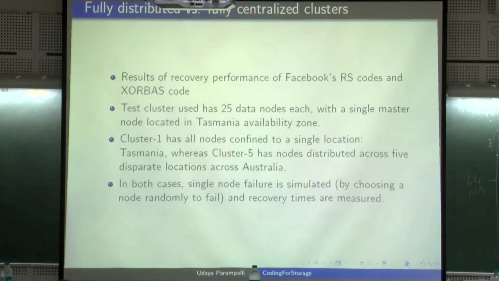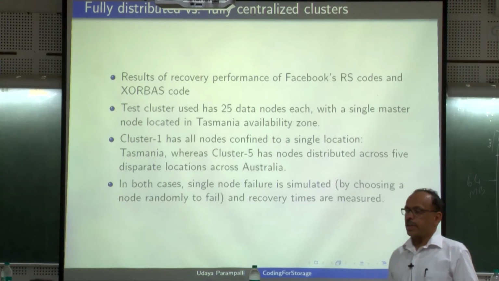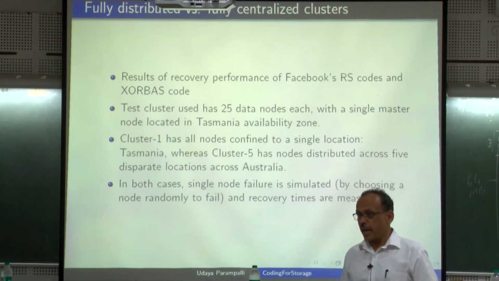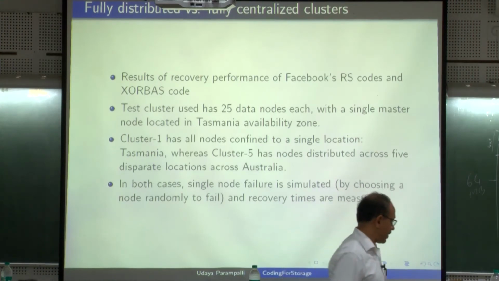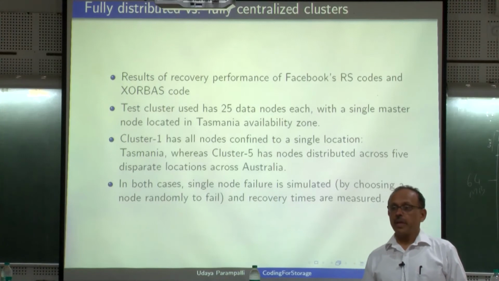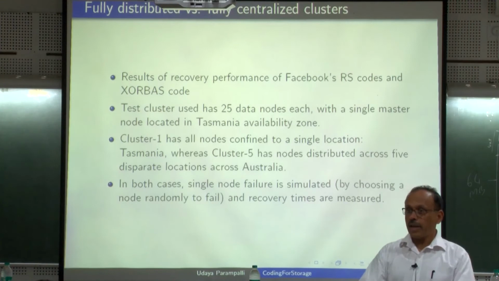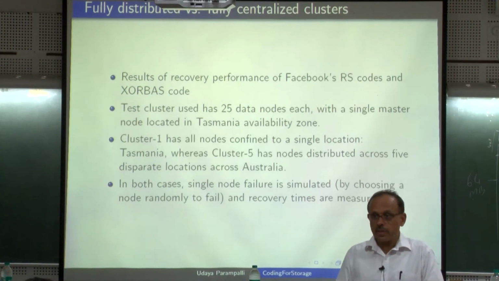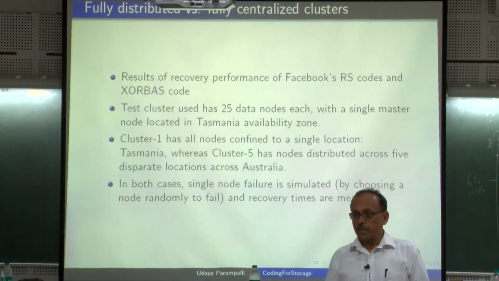Even before doing all this, we wanted to understand how these codes behave in different situations. So we had the 3 nodes again, and we can create different types of clusters. In one type, we can create all nodes in the same location and ask the same questions and see how the system behaves.